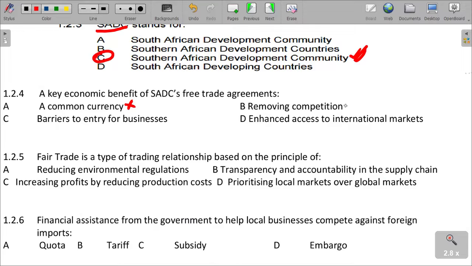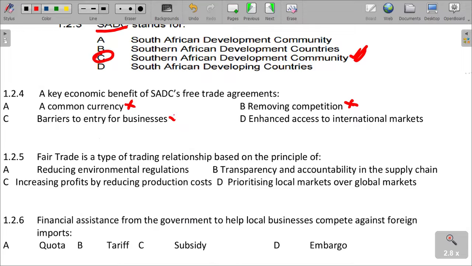Removing competition: competition still exists, because countries still compete in terms of various resources, and also in terms of trade and barriers to entry of business. Therefore, it cannot be an economic advantage.